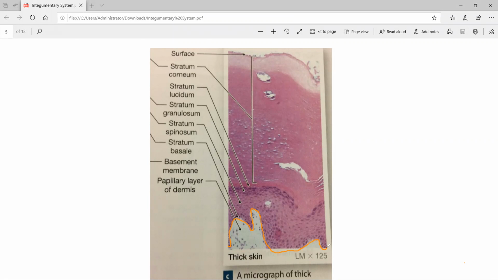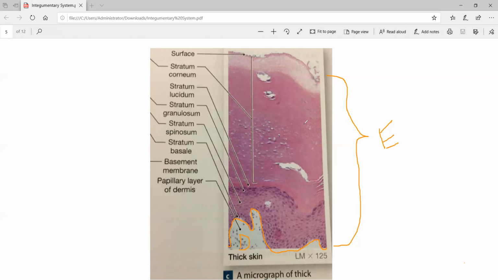That basement membrane is the connecting point of your skin, or your epidermis, to your dermis. So it's a connecting point between your epithelial cells and your connective tissue. So underneath that basement membrane is going to be your dermis, and everything above that basement membrane is going to be your epidermis. So epidermis is above the basement membrane and the dermis is below the basement membrane.